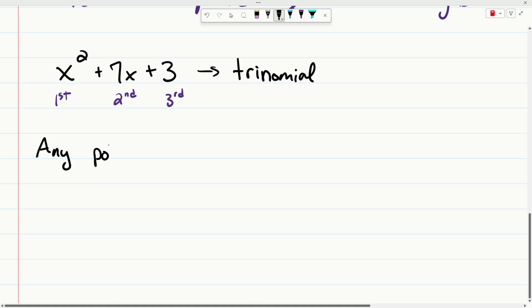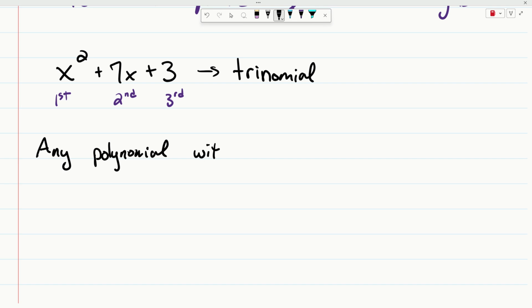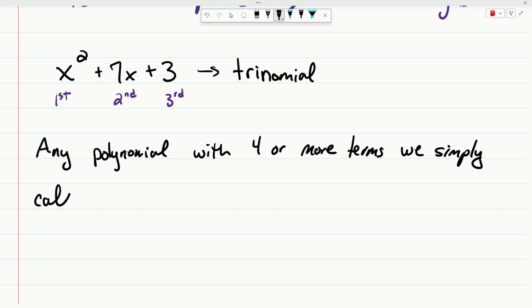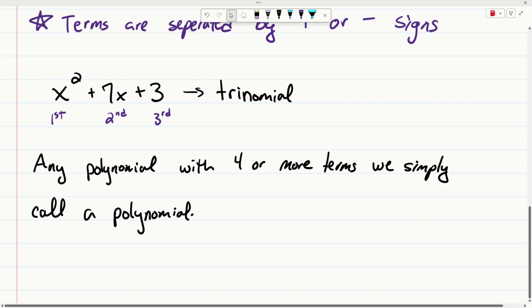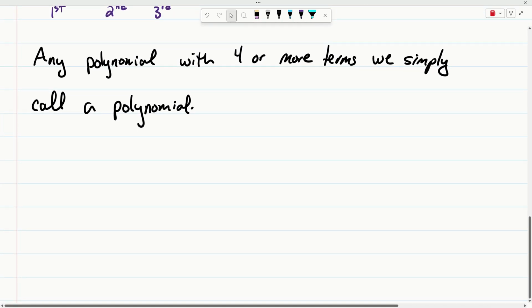Any polynomial with 4 or more terms, we simply call a polynomial. So the only 3 that you're going to be responsible for identifying are monomials, binomials, and trinomials. All right, that's just one way that we classify polynomials.